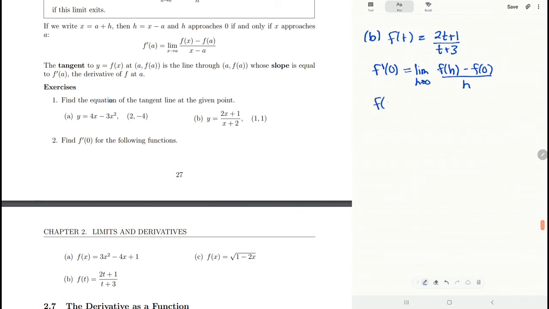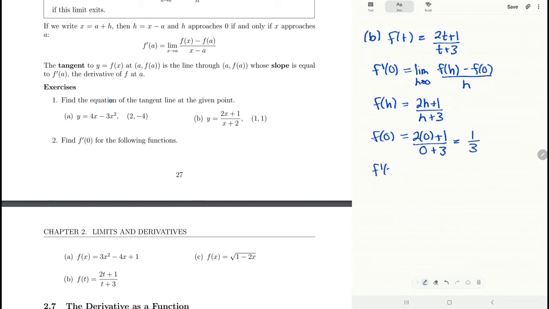So what we need is f of h and f of 0. f of h is 2h plus 1 divided by h plus 3, and f of 0 is 2 times 0 plus 1 divided by 0 plus 3, which is 1/3.